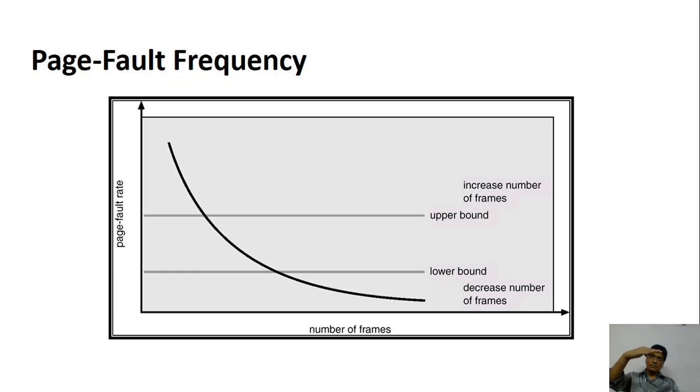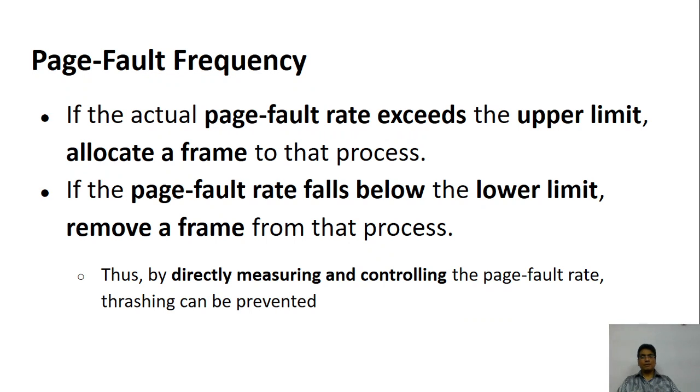If it is going above some value, remove some processes. That way you can directly control it. So if the page fault rate exceeds the upper bound, remove a process, and reduce it.